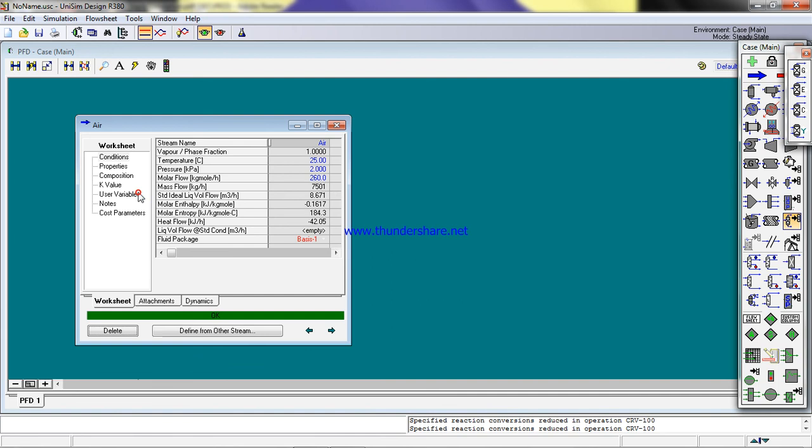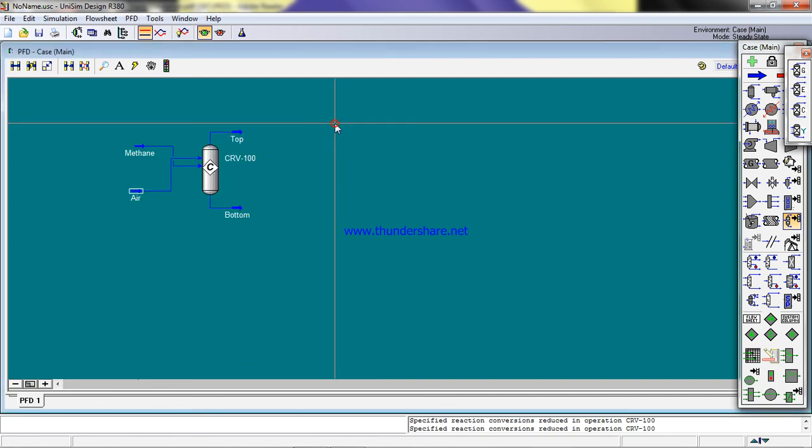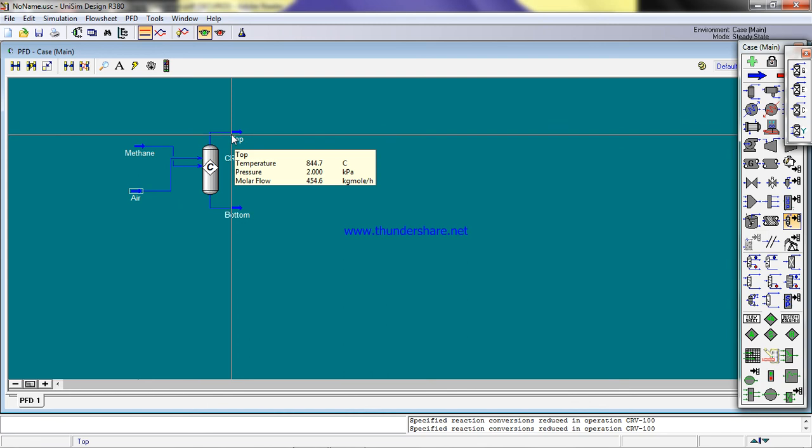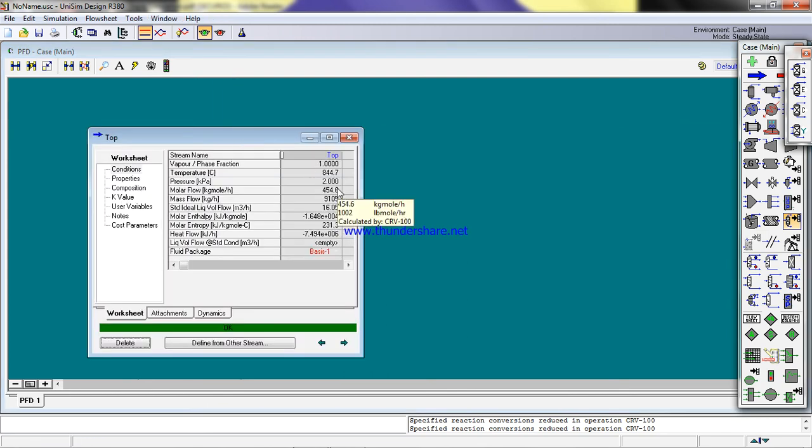We close that. A came in, the conditions here, and the composition. So we want to see at the exit, the top of the reactor, what comes out. So at the top of the reactor we have the vapor fraction to be 1.